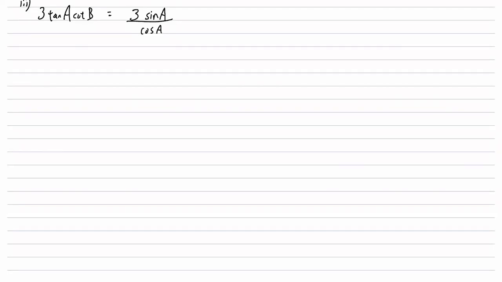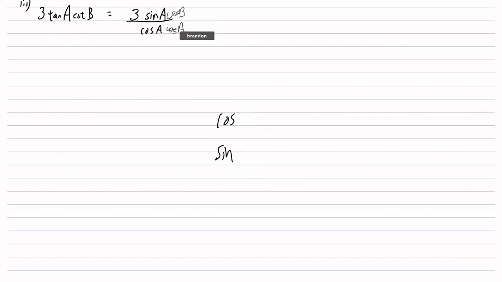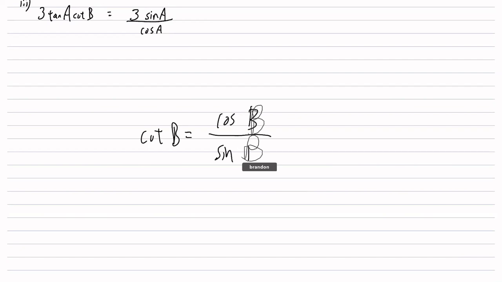Wait, cosine B over sine A? Cosine B over sine, you know what I mean. Say it correctly. It's both B. Must both be the same angle, must remember this.